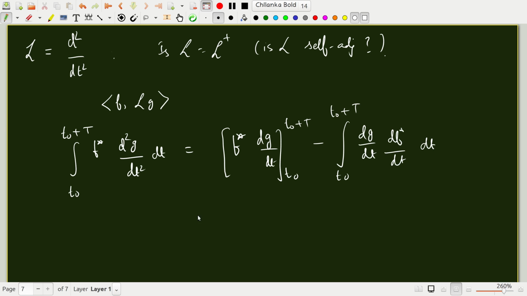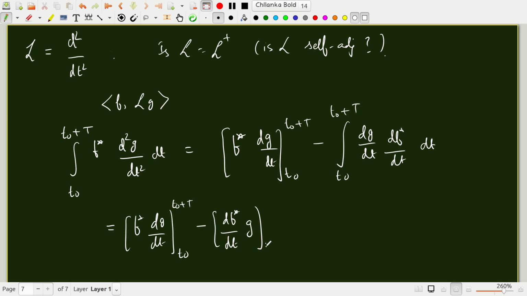Now there is a second integration by parts, so that is equal to f star dg by dt from t naught to t naught plus T, minus, I'll consider this as u and this as dv, this is uv, and then minus of minus, plus integral v du dt.